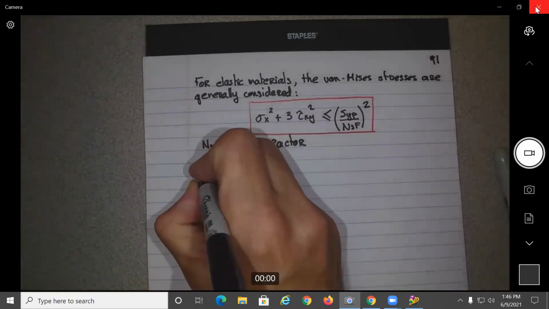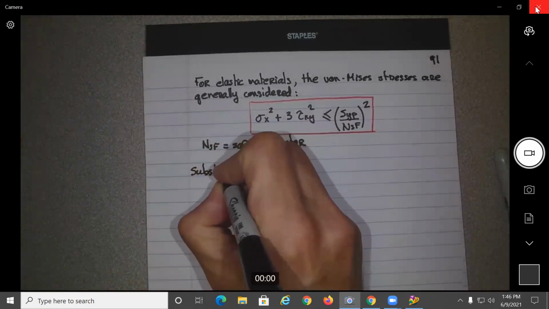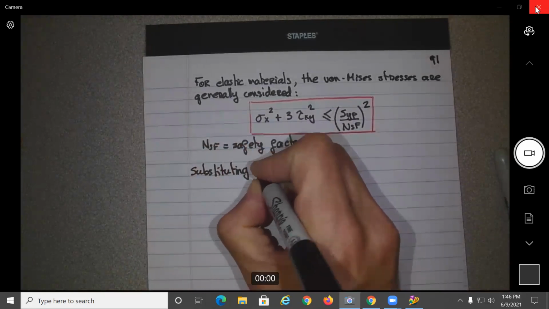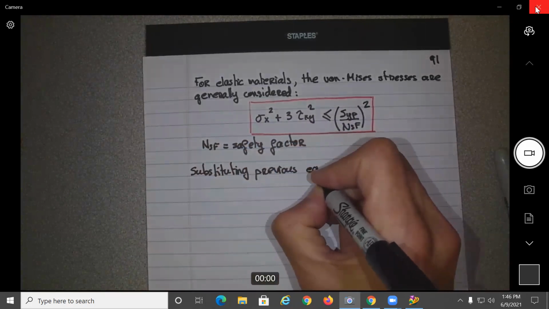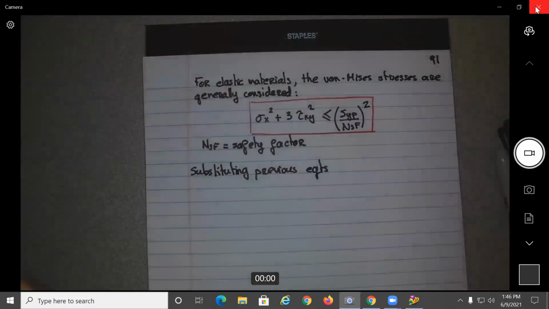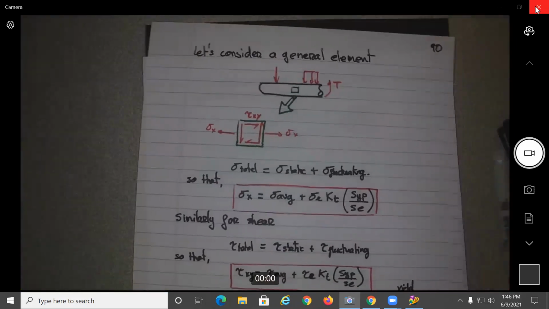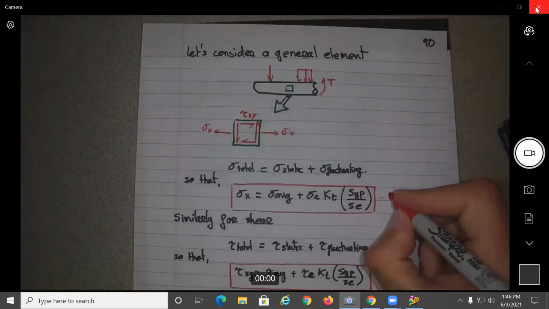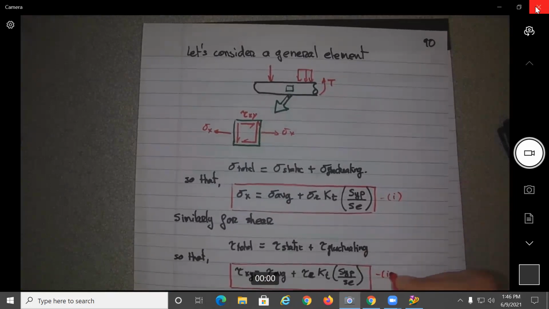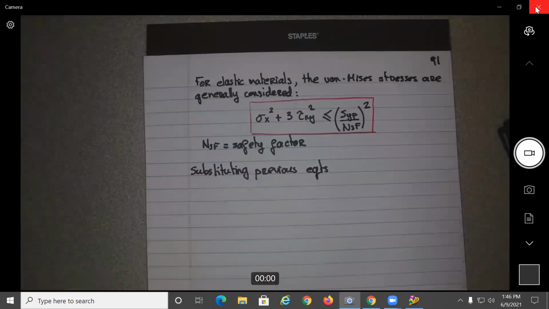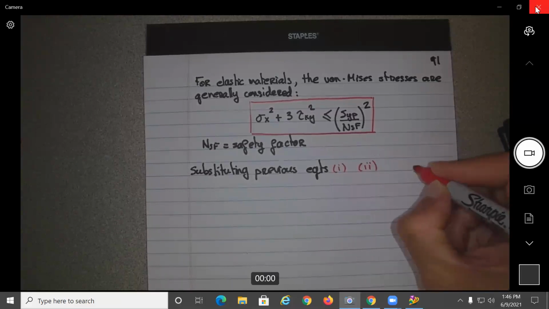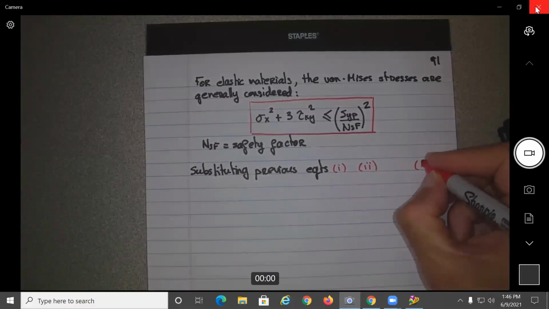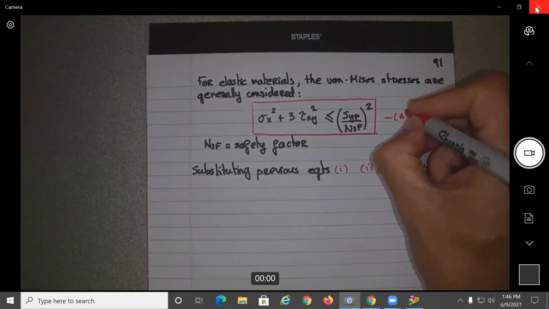Substituting previous equations, and maybe we can give them names, it will be easier. So Roman 1, Roman 2, into equation A. We call this one here A.